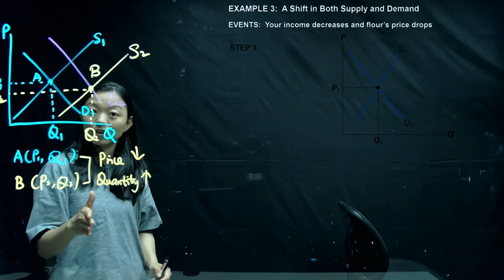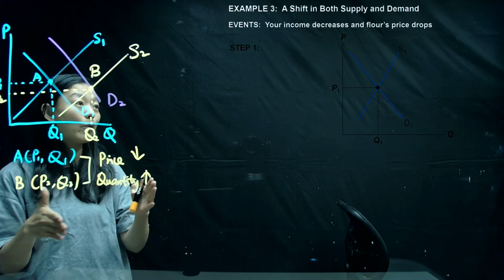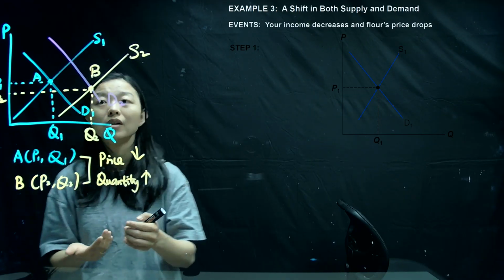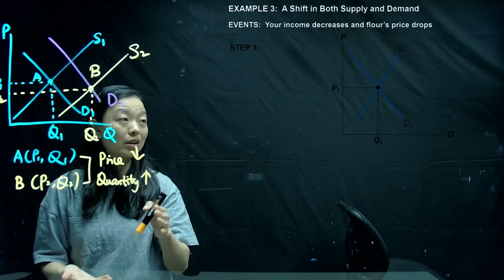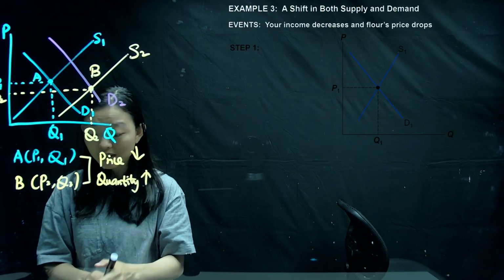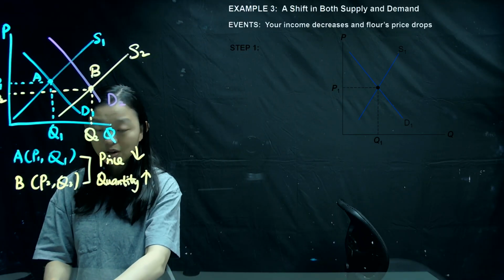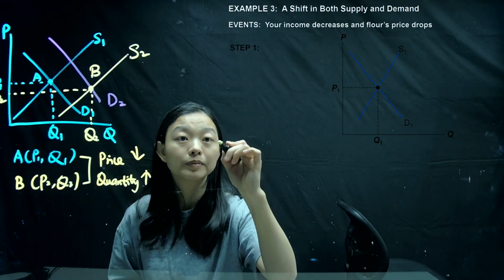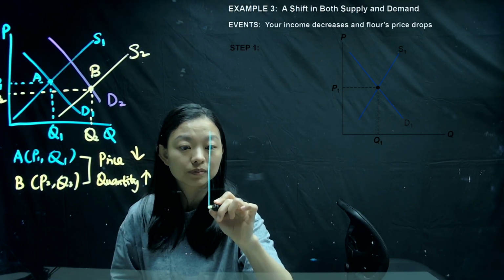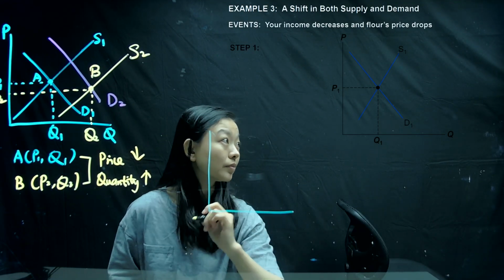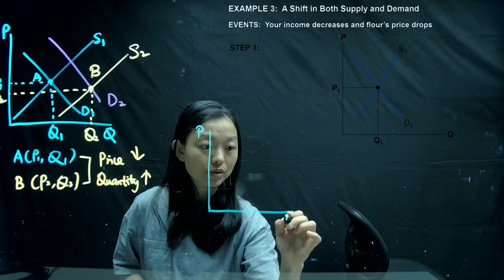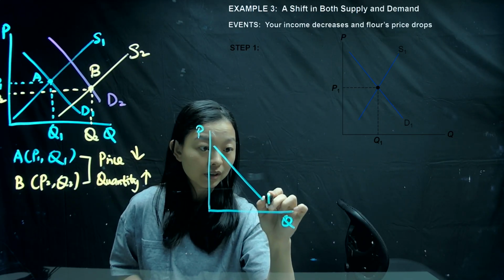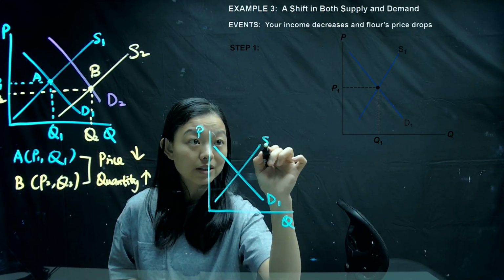Probably not. Okay, look at what I will do for this type of question. When the demand curve and supply curve shift at the same time, you should be very careful, because you can also see one of my drawings here. Price, quantity, demand side, supply side, right?